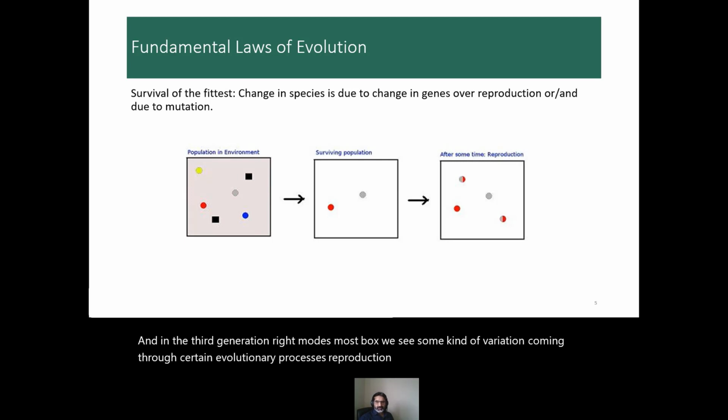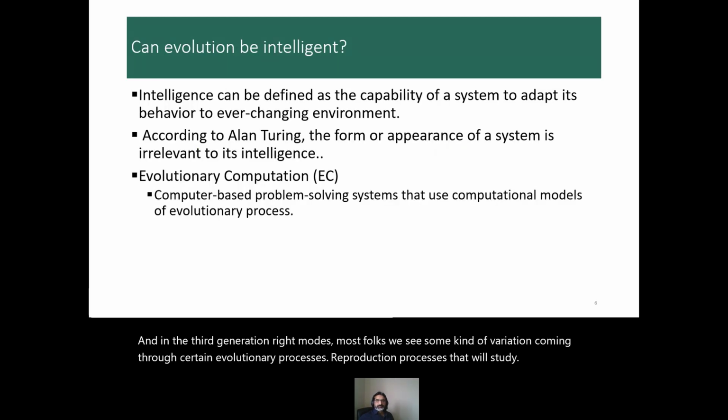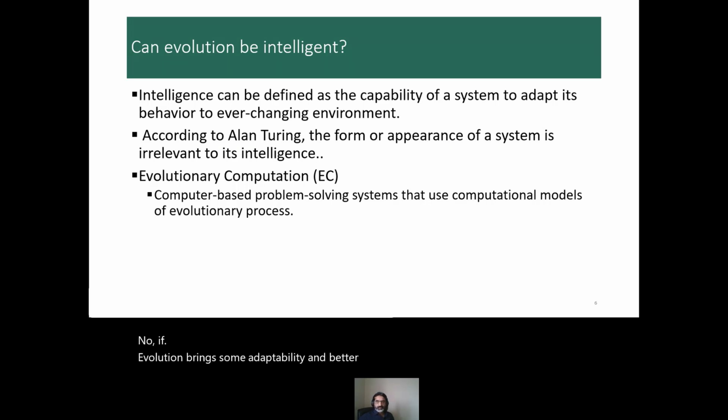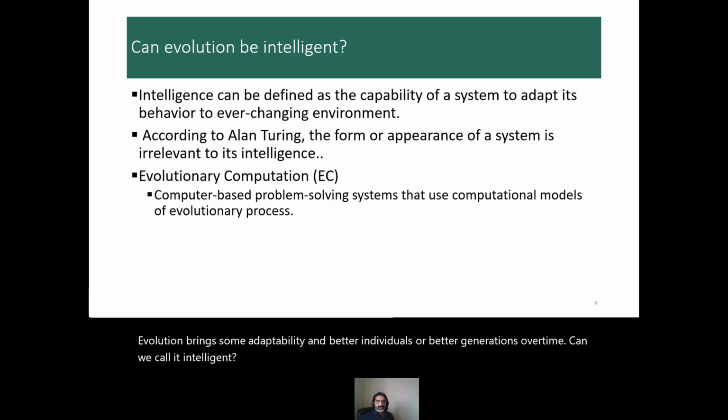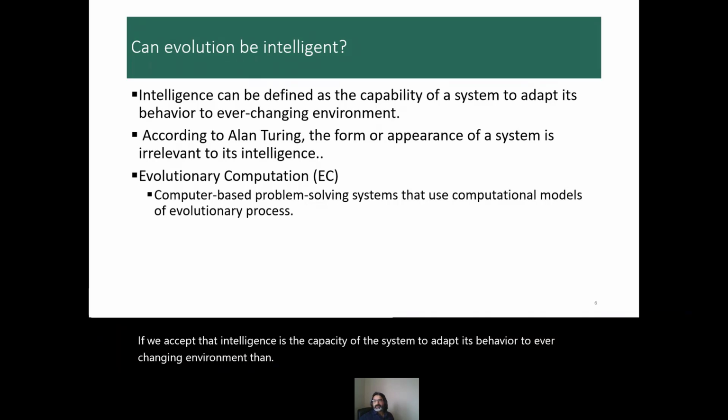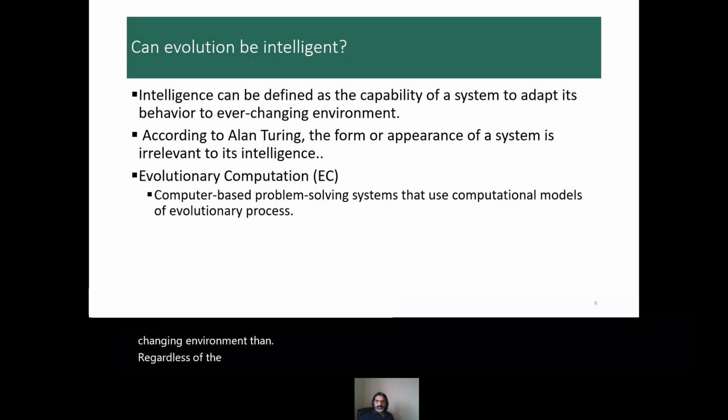Now, if evolution brings some adaptability and better individuals or better generations over time, can we call it intelligent? If we accept that intelligence is the capacity of a system to adapt its behavior to an ever-changing environment, then regardless of the form, intelligence need not look like humans.